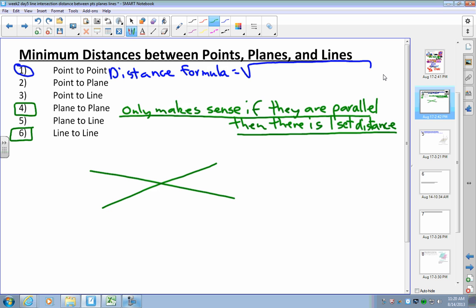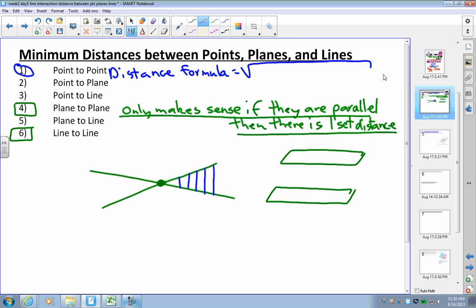Well, the minimum distance, if they intersect, would be 0, because they intersect there. But that distance would always be changing further and further out. So that one doesn't make sense unless you talk about them being parallel. Because then if I have a parallel plane and a parallel plane, you can actually find the set distance, okay?